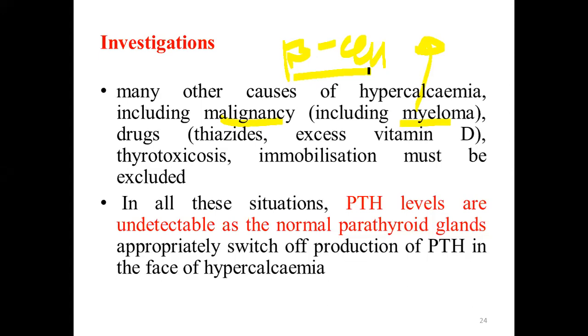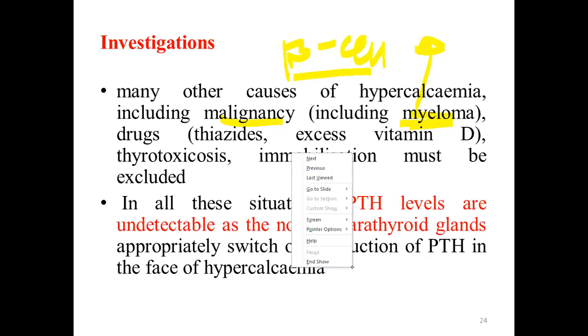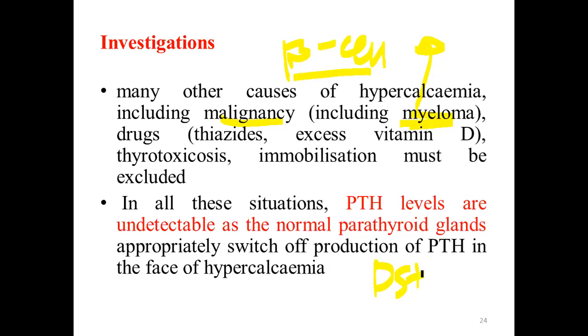That means the body is producing more of the B cell, which primarily produces antibodies. This B cell malignancy can produce a lot of cytokines that can activate osteoclasts in the bone. So the cytokines produced by myeloma cells have osteoclastic activity, which means they can activate osteoclasts.